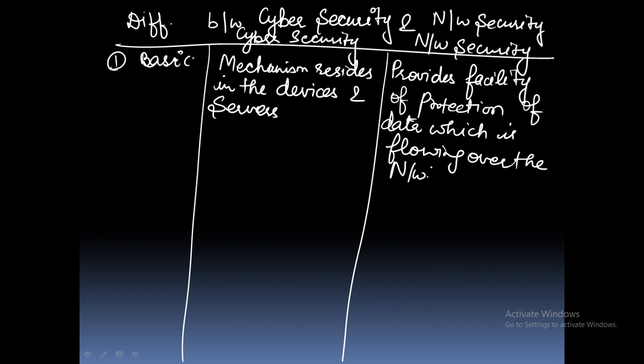Now the second difference is according to subset. In cyber security, information and security both are considered.